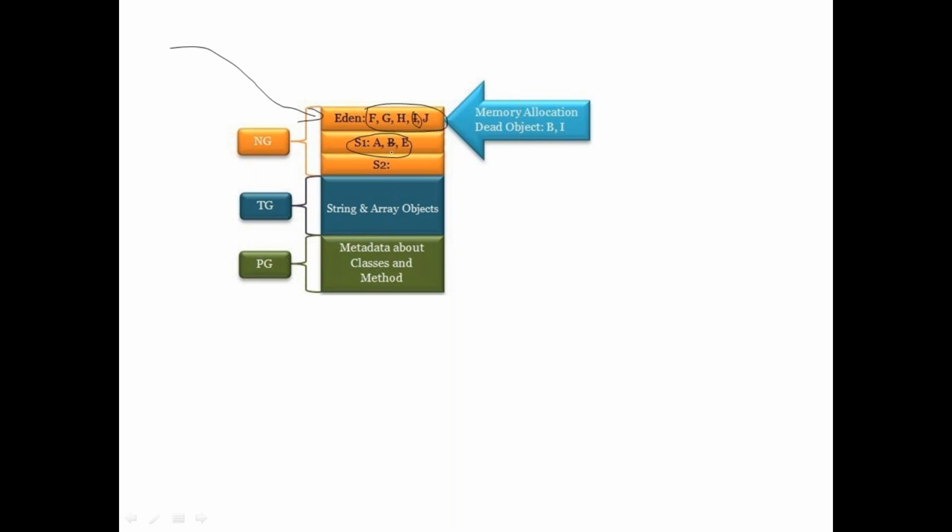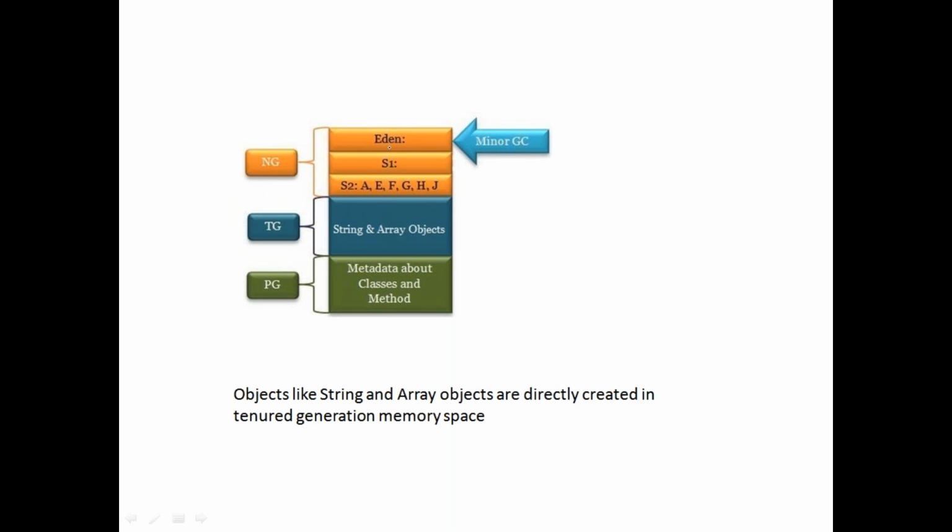Here I and B are unreferenced, everything else is referenced. So the minor GC will come and take away these dead objects, B and I, and F, G, H are all referenced, so they are bound to stay. Now what happened to A, B, E, G, H, I? Everything moved into survivor space 2.